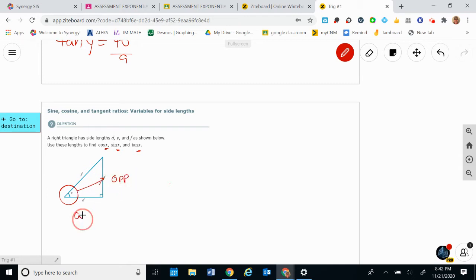This is opposite, this is adjacent, and this is hypotenuse. Write SOHCAHTOA if you need to, until you memorize what they are. So cosine of x is what they asked for first. Cosine is adjacent over hypotenuse, so it's going to be D over F.